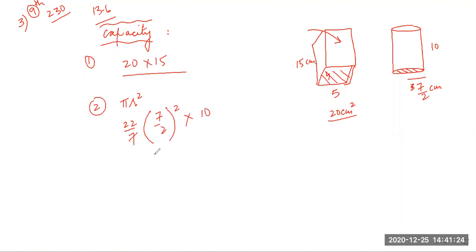H is 10. That's all, very simple. You will get the volume, the capacity, and you will see which is better. Students, can you do it now?